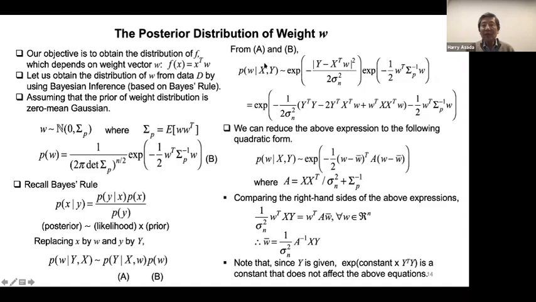So let's put them together into this. We have a product of two exponentials, so we add the argument parts together. And this one is a quadratic form with respect to W. The highest order, W transpose W, is involved in these two terms, so let's put them together. The remaining part is the first order of W and then a constant.